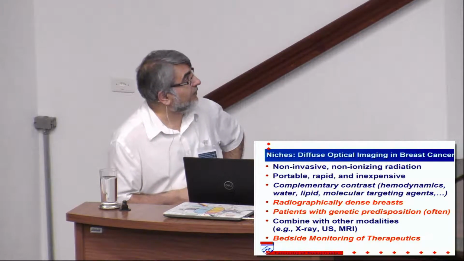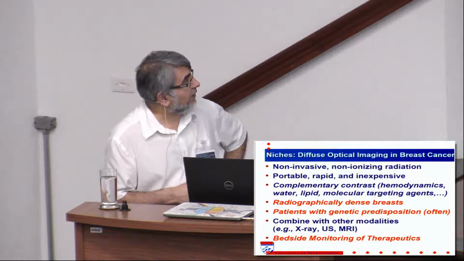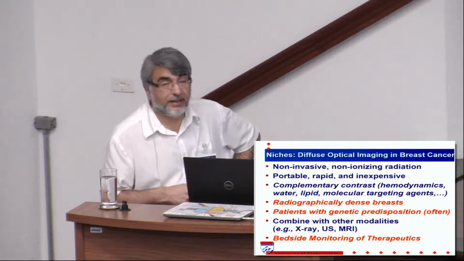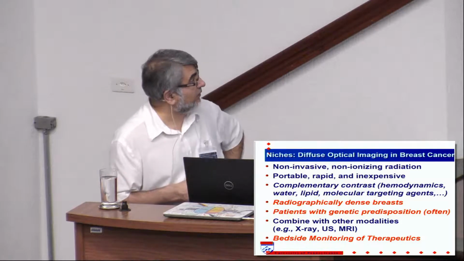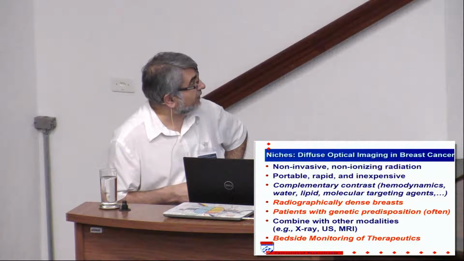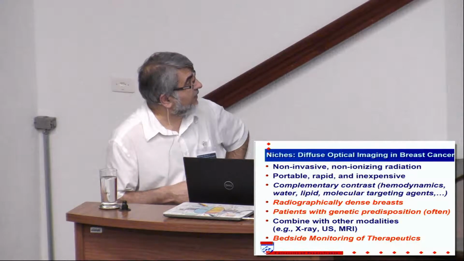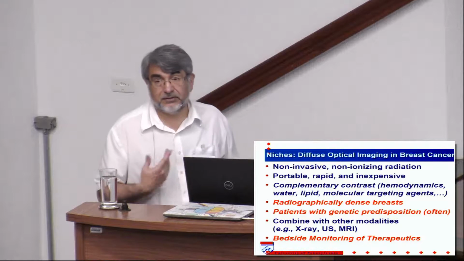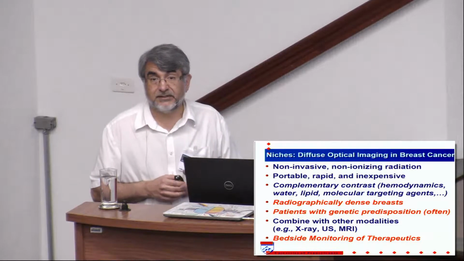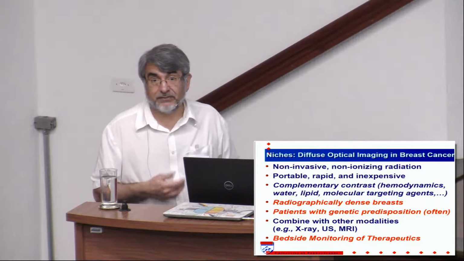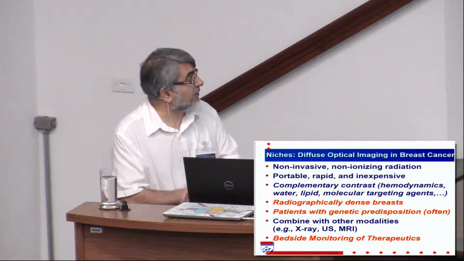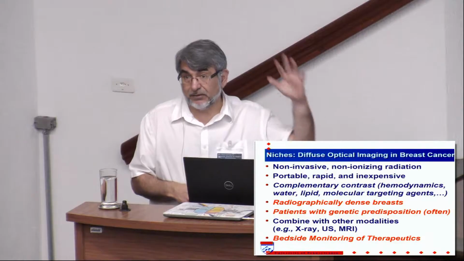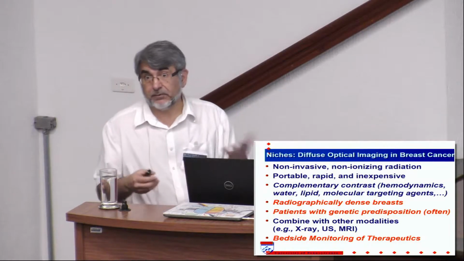And there's complementary contrast. We have lots of access to hemodynamics. That's the biggest thing. But also we can learn about water and lipid, and I'll show you why that might be interesting as well. And then there are, of course, molecular targeting agents. One thing that's accessible to the diffuse optical techniques that's harder with X-ray is women with radiographically dense breasts. Generally that's almost all younger women, but also some older women as well.